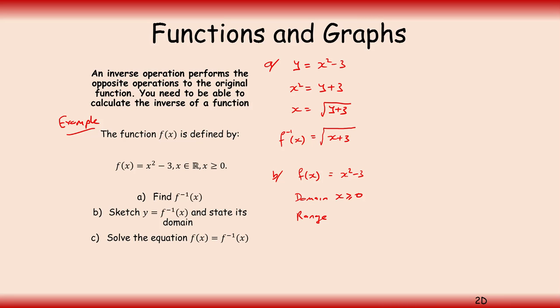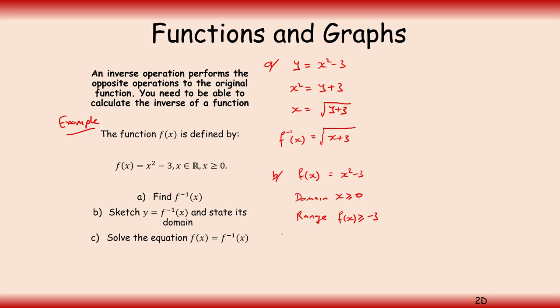So when x is equal to 0, the function is equal to minus 3. And anything else then takes it bigger, so that means the function is going to be greater than or equal to minus 3. 0 gives us minus 3. If we add 1 here, it will give us minus 2, so it grows from there on.